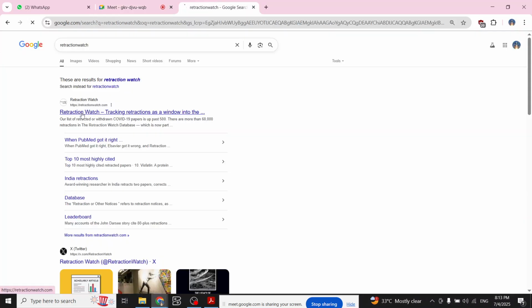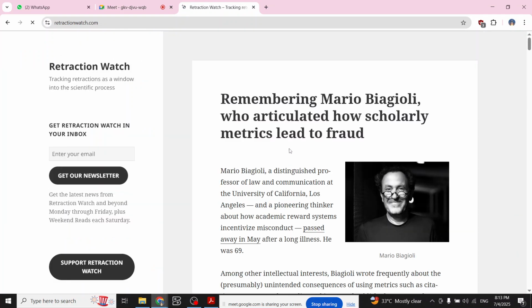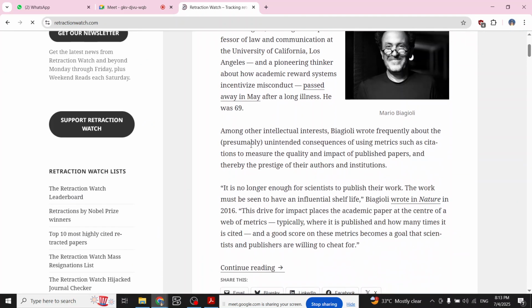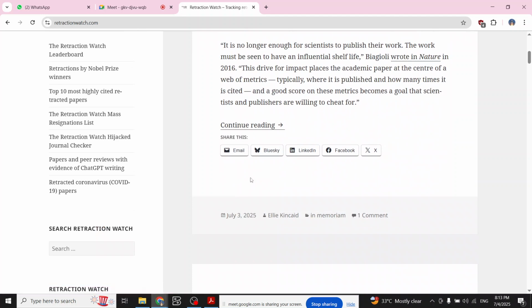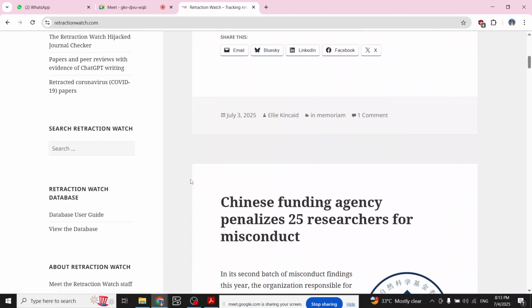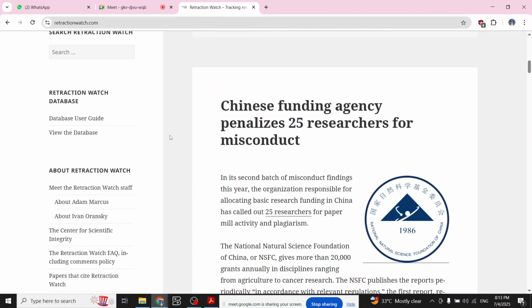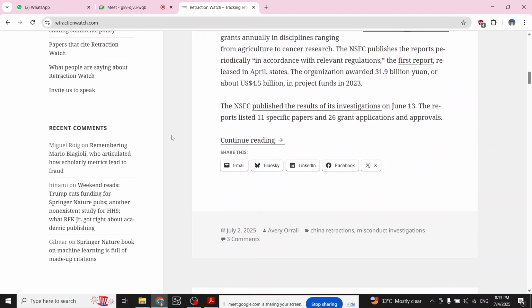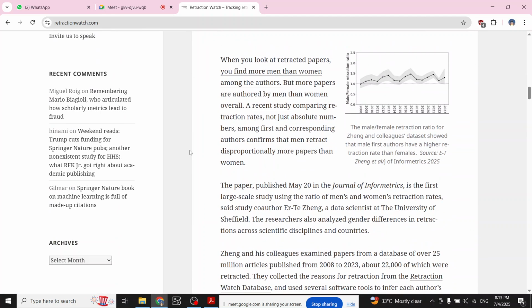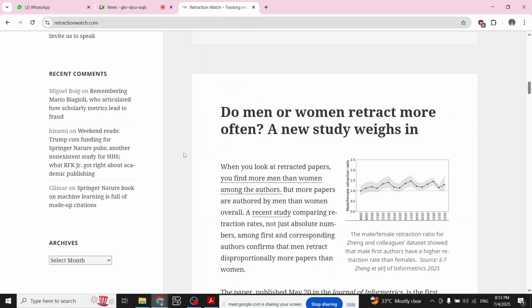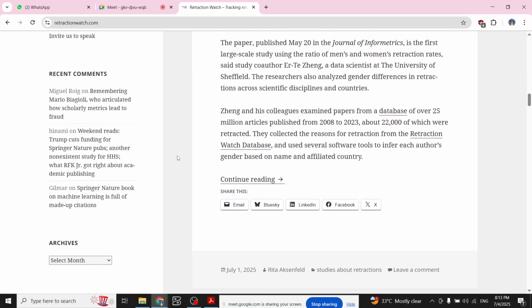So, Retraction Watch, this one. They have a presence across various social media platforms. If you don't have time to read their blog articles, you can follow their Twitter and LinkedIn page. They keep updating their page and highlight misconduct across the globe, not only in India.